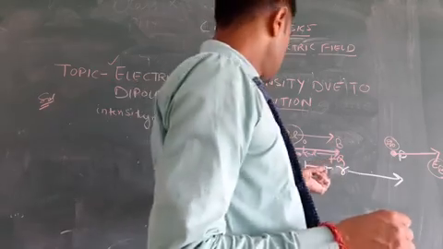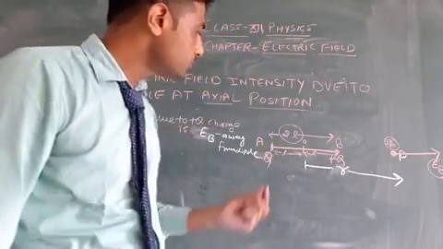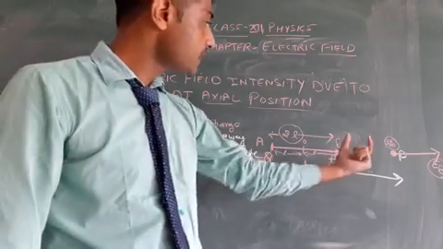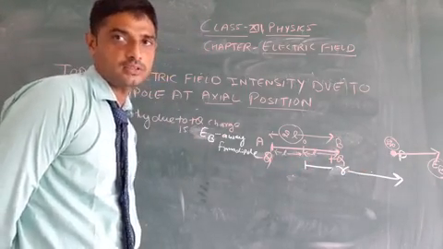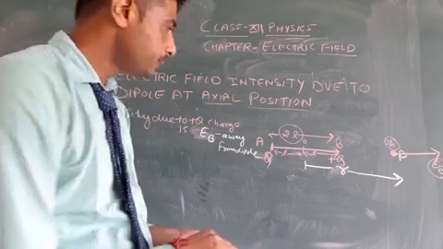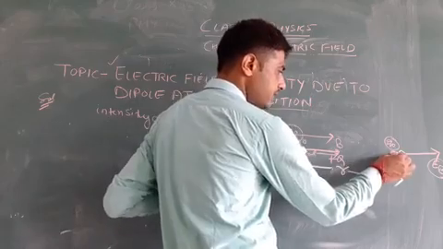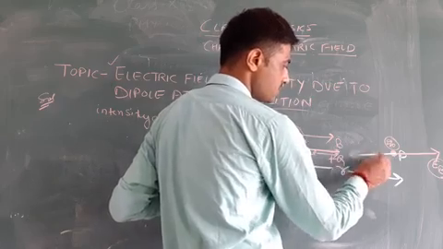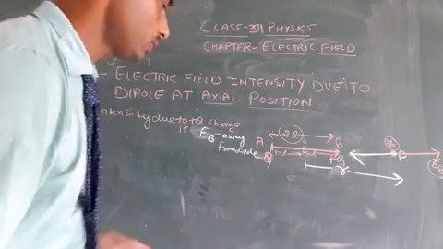And if we have to find the intensity due to minus Q charge, then this minus Q charge attracts the imaginary test charge present at P. It means the intensity is towards the dipole.